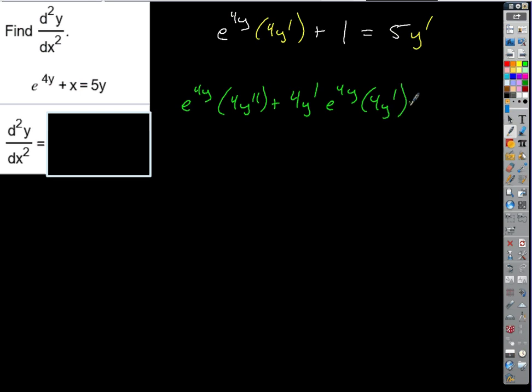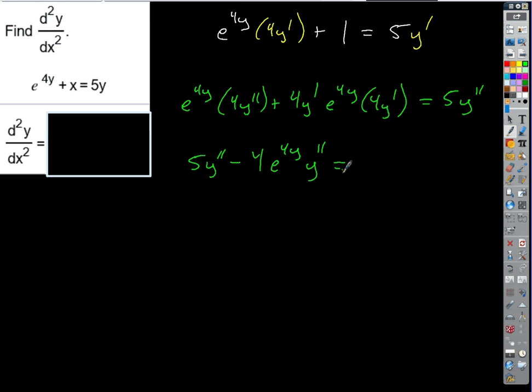Derivative of 1, 0, equals 5y double prime. Okay. So we could maybe keep this term positive and subtract that term to the other side. So I get 5y double prime minus 4 e to the 4y y double prime equals that.